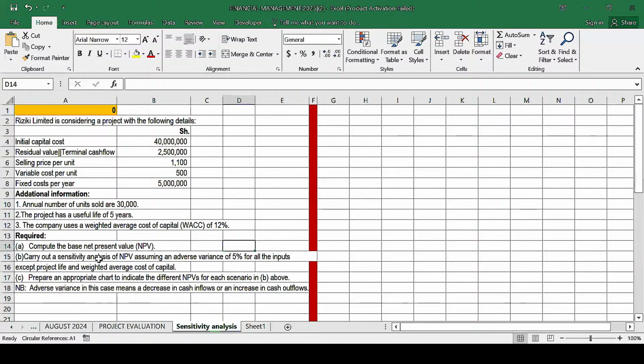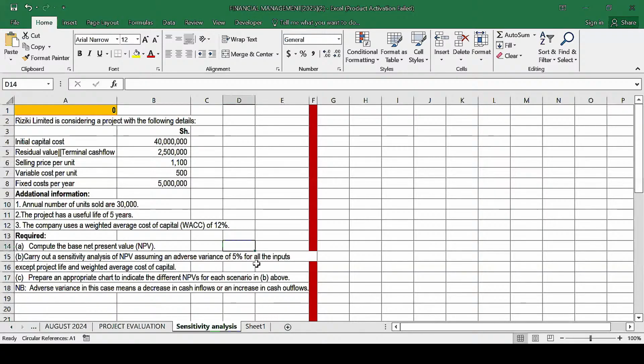Part B, we are required to carry out sensitivity analysis of NPV, assuming an adverse variance of 5% for all the inputs, except the project life and the weighted average cost of capital. So we are required to carry out sensitivity analysis by changing all the variables which are used in the computation of NPV with a 5% adverse variance.